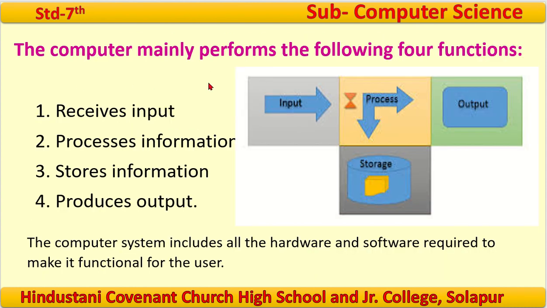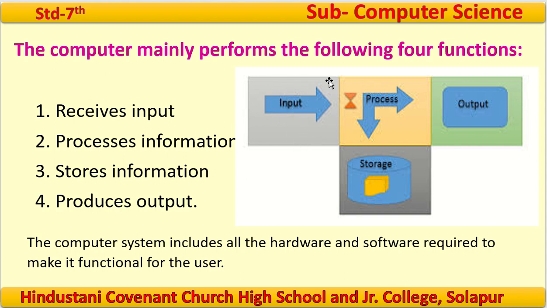The computer mainly performs the following four functions. Now, what are the four functions in the computer? What it does? Receives input. Yes, what the user wants is termed as input.